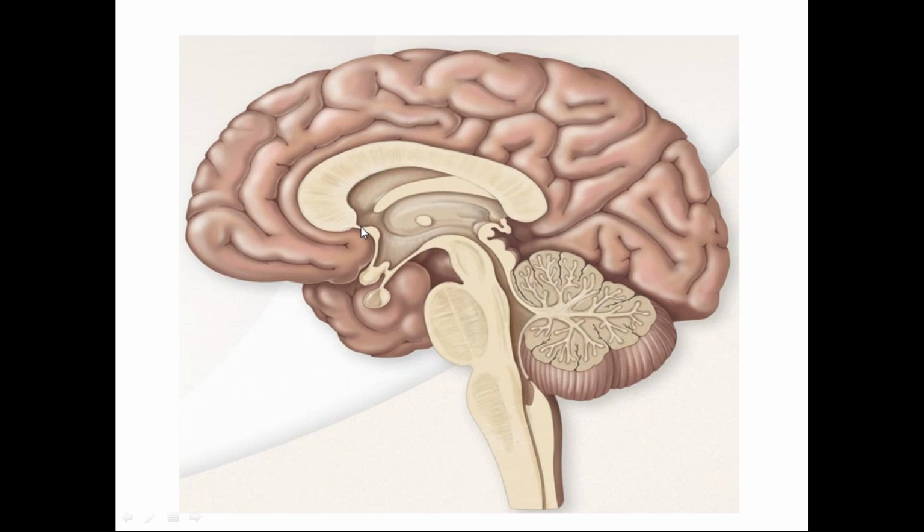This is another connection between the two sides, which is called the anterior commissure. Then we have the lamina terminalis. This part out here is the optic chiasma, and we have the mammillary body and infundibulum stalk.